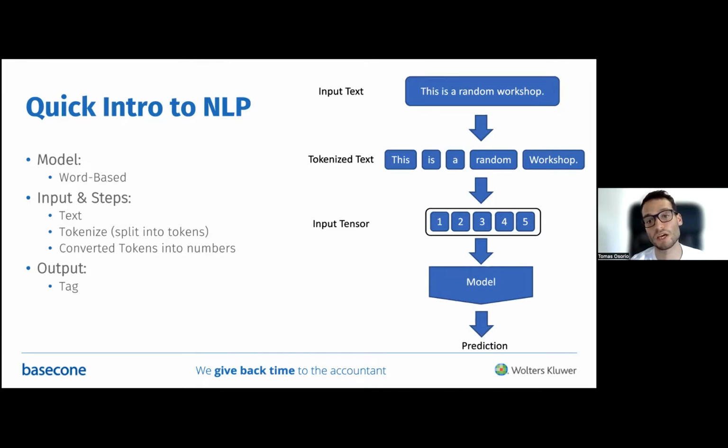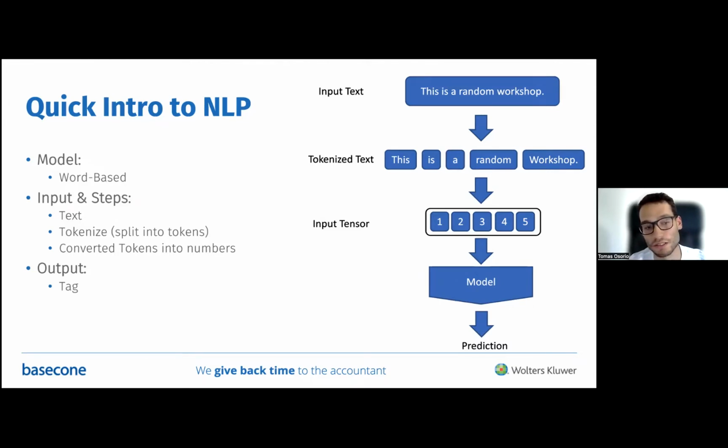Then we have to move it to something that the model can really receive as an input. So we build a vocabulary, and that vocabulary will give an integer for each word. In this case, this is going to be represented by 1, this by 2, a by 3, and so on.